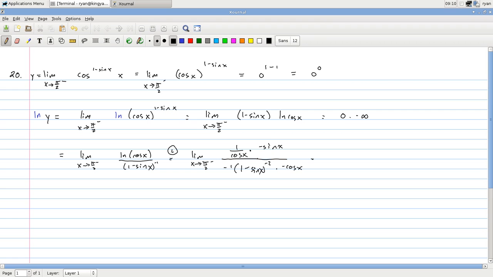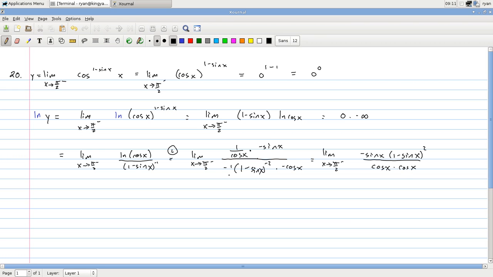Now let's rewrite this without all these fractions in place. So this becomes the limit as x goes to pi over 2 from the left of negative sine x, which was what we had in the numerator already. This negative exponent we'll bring up to the numerator, where it becomes 1 minus sine x squared, divided by, now this 1 over cosine x, we'll move to the denominator as a cosine x, where it'll join this cosine x that's already here, so times cosine x.